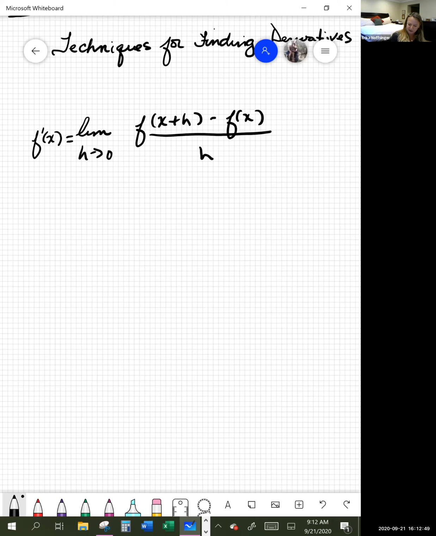So let's look at a couple of things. What if we had a function f of x equal to some constant k?